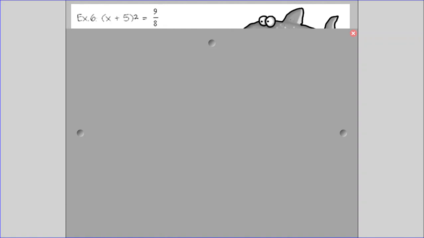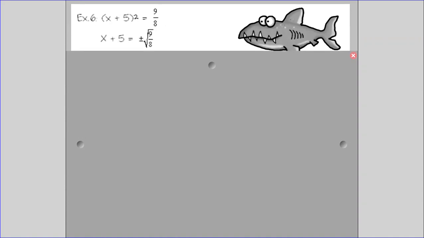Alright, so in this case, we have the same problem with squaring a term, so I need to square root both sides. I'm going to get plus or minus the square root of 9 over 8. Okay, now remember the square root of 9 over 8 is really root 9 over root 8.